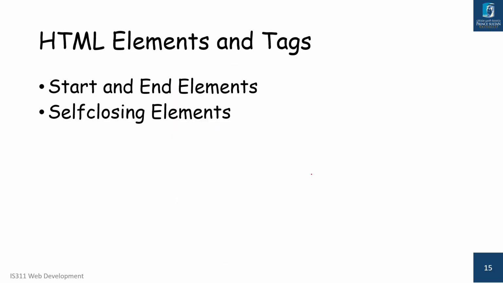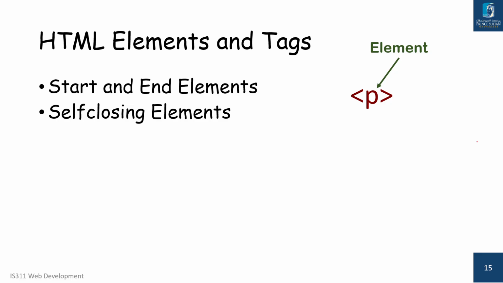So first thing, HTML elements and tags. From our previous two lectures, we have the starting tag and the ending tag. Some elements or tags have a starting as well as an ending tag, but there are some which are self-closing elements. If I only talk about P, or paragraph, then it is an element.